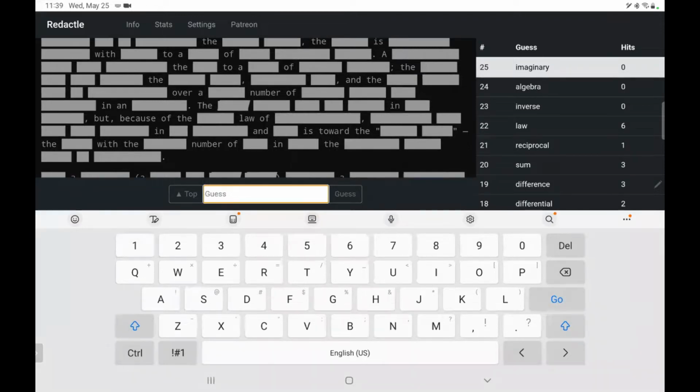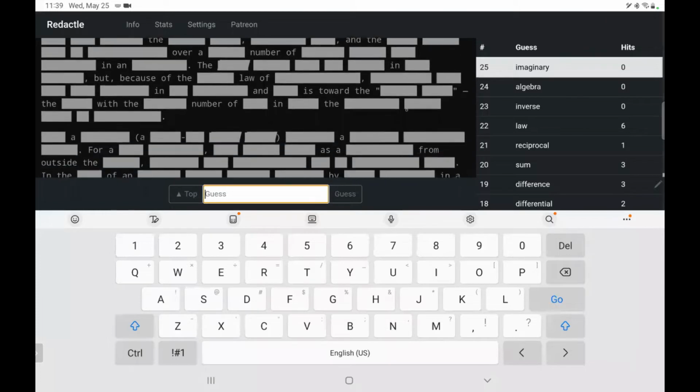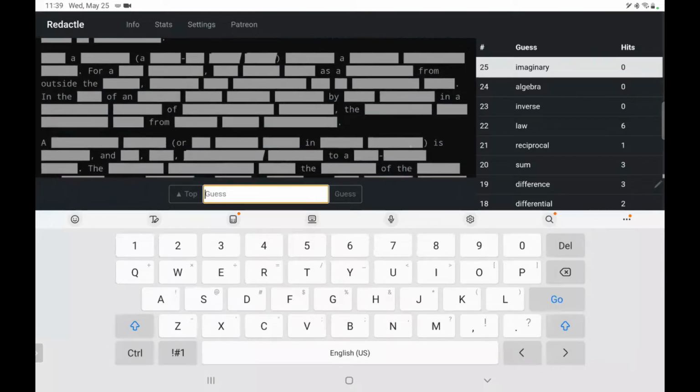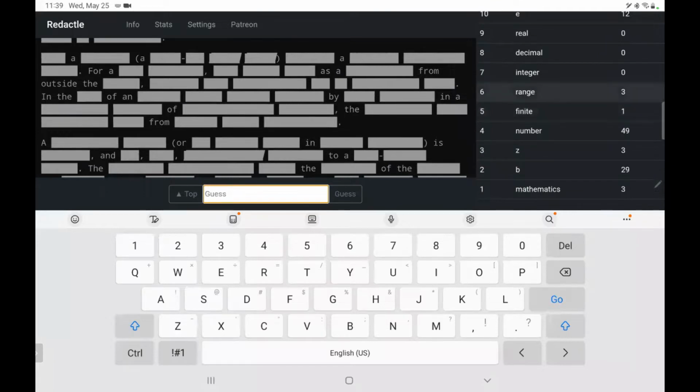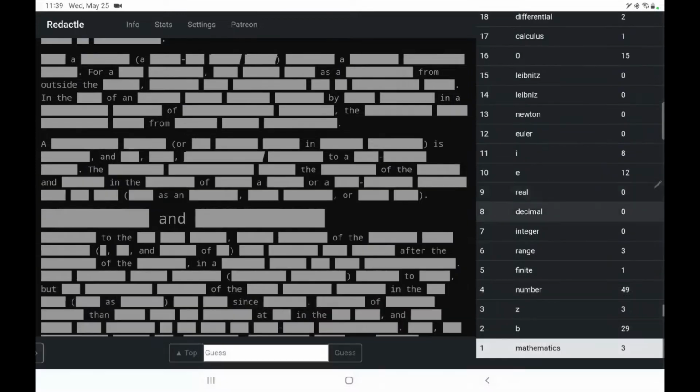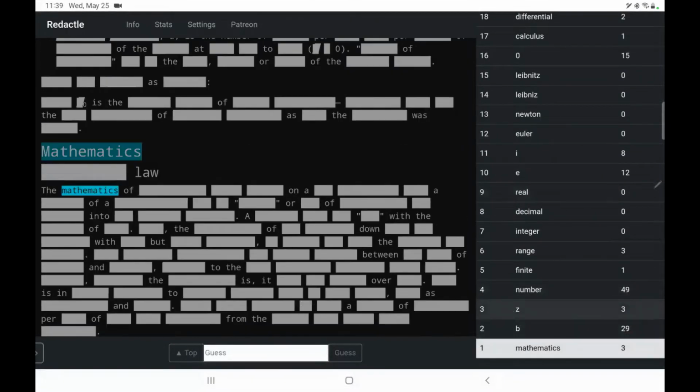No. Let's look at these mathematics. So someone's law. Or, well, actually, maybe it isn't apostrophe S at the end of that.